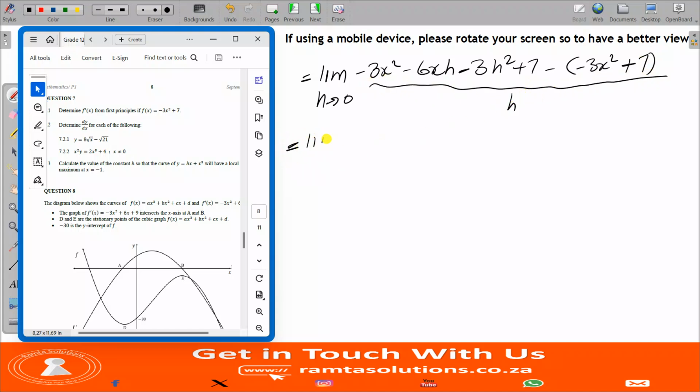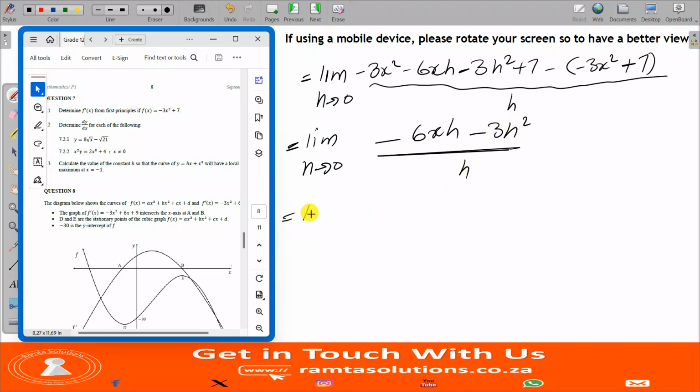Let's not even break this down. We can tell the negative 3x squareds are cancelling, and the 7s are also cancelling. Therefore, we are left with negative 6xh minus 3h squared all over h.